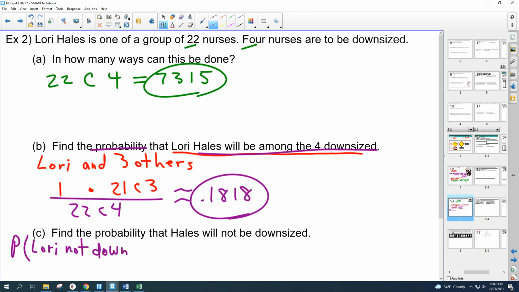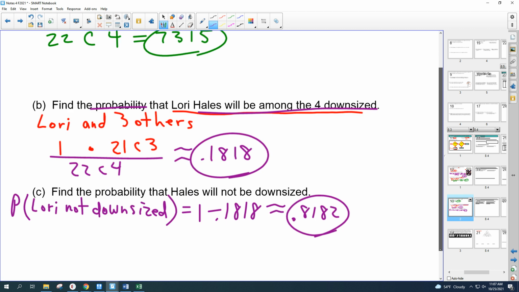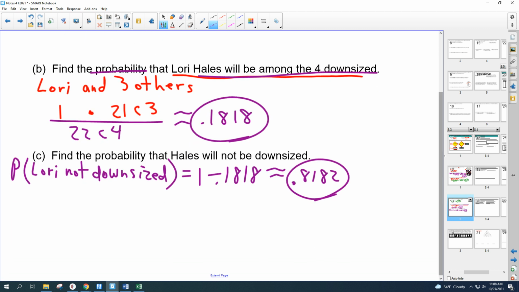Exactly. 1 minus 0.1818. 1 minus 0.1818 is 0.8182. That's your answer. All right. Now, that's kind of the indirect way. And I think that's the best way of doing the problem.